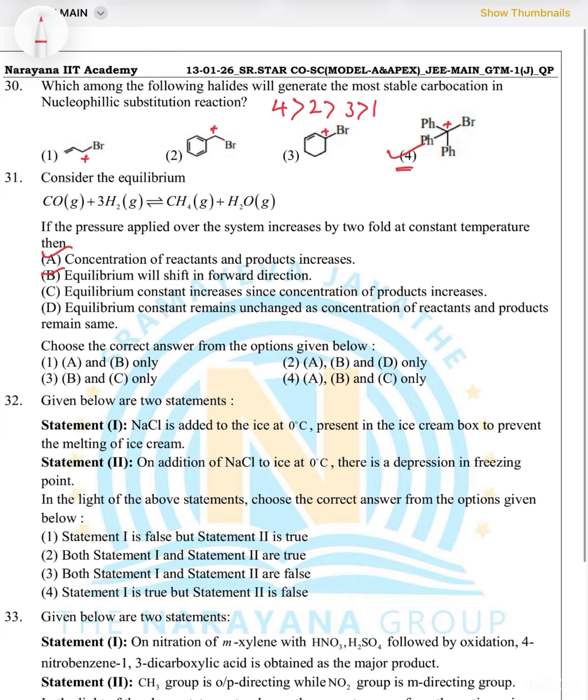Yes, according to Le Chatelier's principle, when pressure is increased, equilibrium shifts towards the side with fewer moles. Here on the reactant side 4 moles are there, on the product side only 2 moles are there, so equilibrium shifts towards the forward direction. Equilibrium constant increases since concentration of products increases. Wrong statement. Equilibrium constant remains unchanged as concentration of reactants and products remain the same. Wrong. A and B are correct.